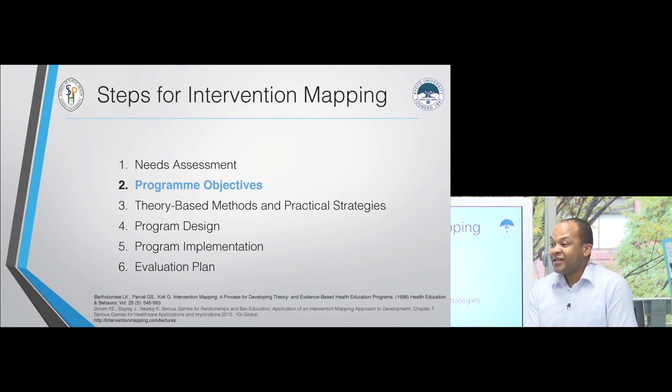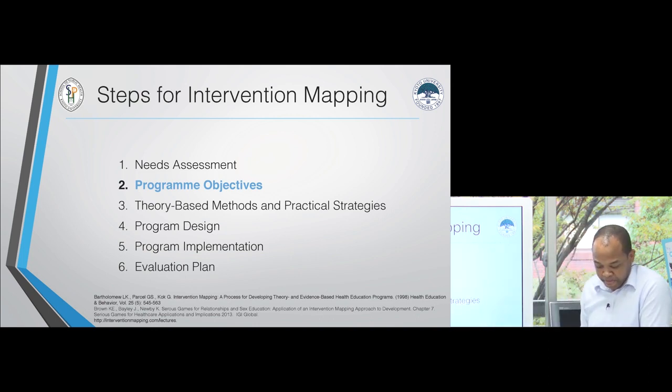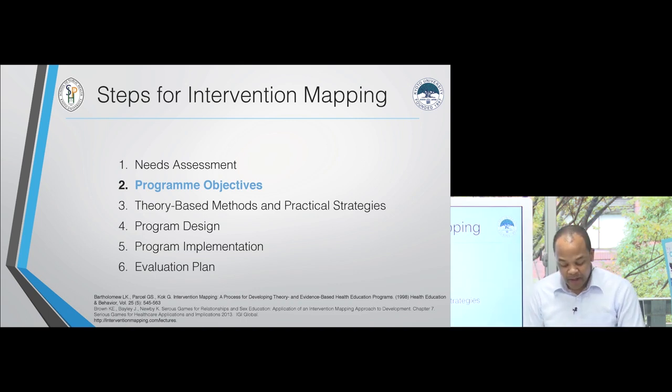And the next step is program objectives. So the most important things to underline in needs assessment is involving stakeholders and involving their consumer, the people who will use the intervention. So next is program objectives. So we need to set program objectives.